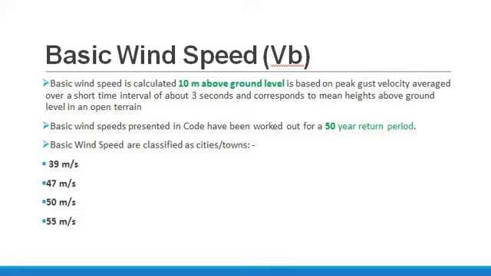Basic wind speed presented in code has been worked out for a 50-year return period. That means the code contains the wind speed generally worked out for the 50-year return period. Now it is generally classified as 39 meter per second, 47 meter per second, depending upon the city it changes.